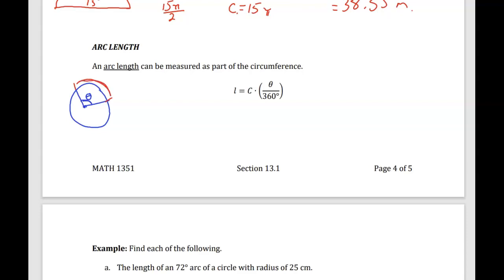Okay, now this angle can be obtuse, it can be acute, different things like that, but it's associated with this particular angle. Now obviously it's going to change based on the radius, because it's going to change based on that circumference. But again, I want to know what is the measurement of this right here.